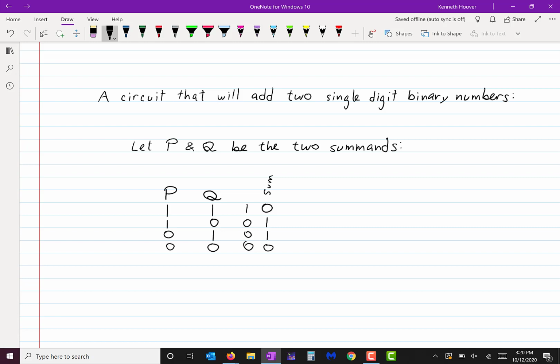And the twos digit, the book calls the carry. So we will refer to those as C and S. Either way, we have P plus Q equals CS.